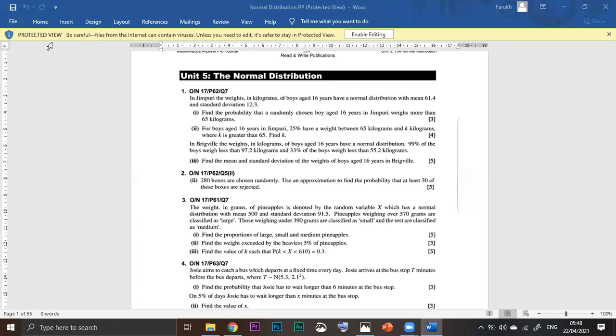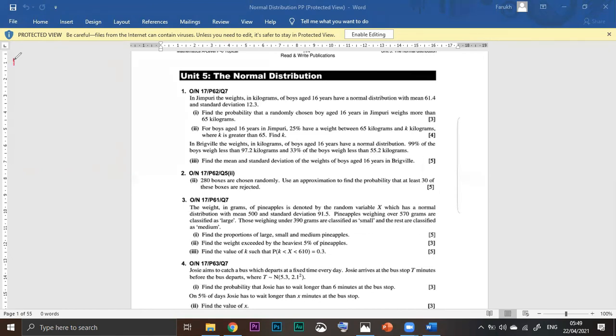The last part of question number 1. In another village, the weights of boys is also a normal distribution, with 99% of the boys weighing less than 97.2. Now, first of all, we will convert the statements into mathematical form.